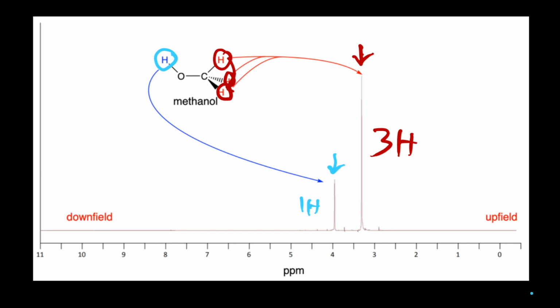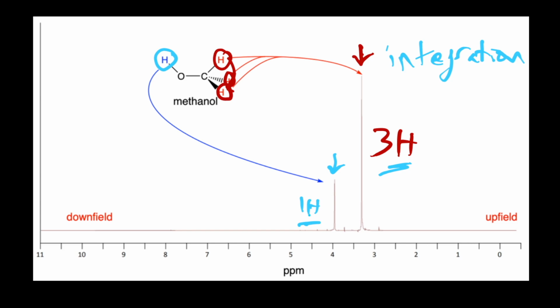So we call that integration, or the integral of that peak, the area underneath the peak. So the bigger the peak is, the more area it is. It tells us the relative amount of hydrogen atoms that peak represents from our molecule.